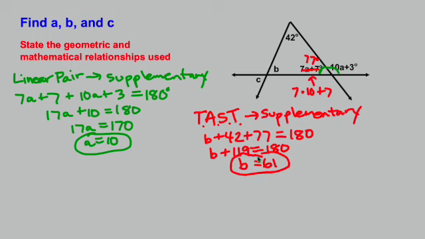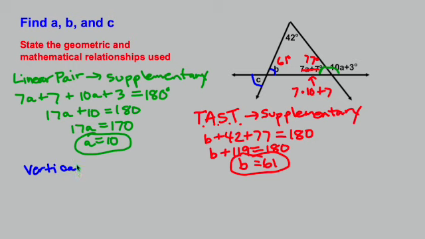And then our final move is going to be looking over here. If we know this angle is now 61 degrees, and we do, what we can notice is that angle C and angle B are what we call vertical angles because these are two lines that intersect and they're on opposite sides over here. So I'm going to write in the corner that we have vertical angles.